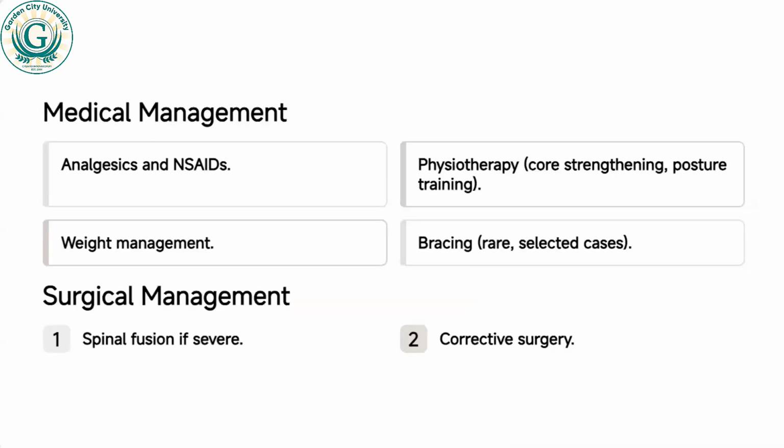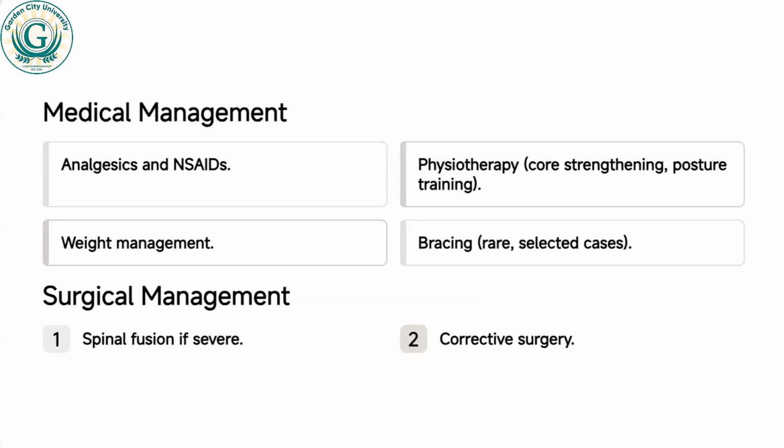So medical management, we can give NSAIDs for pain. We can also talk about weight management. Remember, we said obesity is one of the causes. So once the person is overweight, we can put the person on a diet or exercise or any medication that can reduce the cholesterol level.